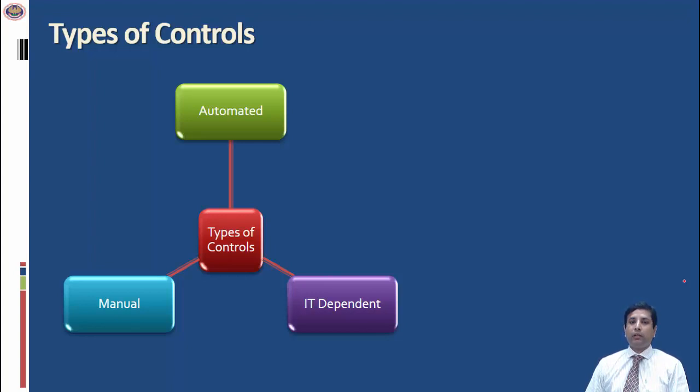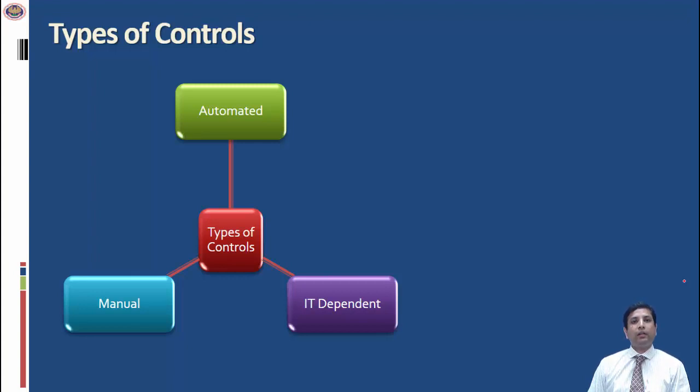Examples of manual controls could include approval of vouchers, approval of purchase orders, performing reconciliations like BRS, authorizing payments, approving credit limits, or even segregation of duties is a type of manual control within a company.